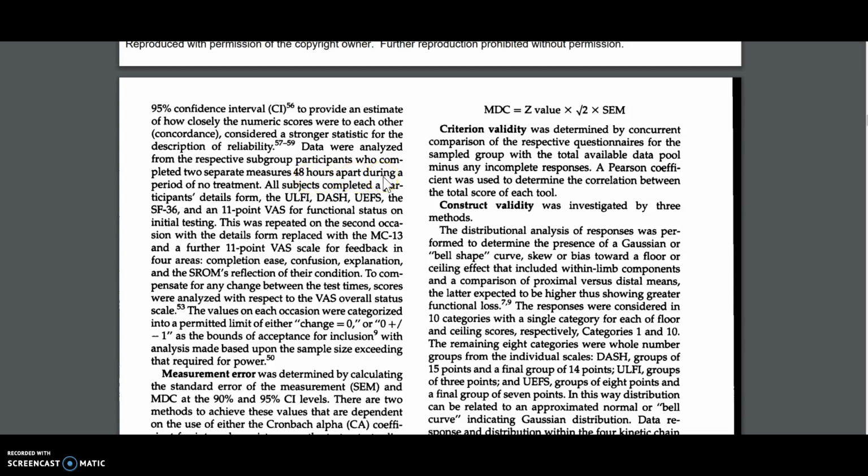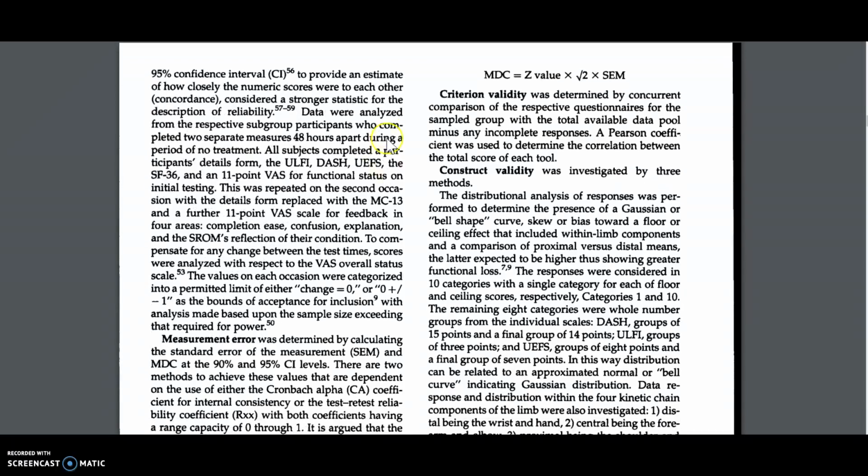So that was the subgroup where they did the initial assessment, and then 48 hours later they gave them the same self-reporting outcome measures, all 3 again, but with no treatment provided in between those times.